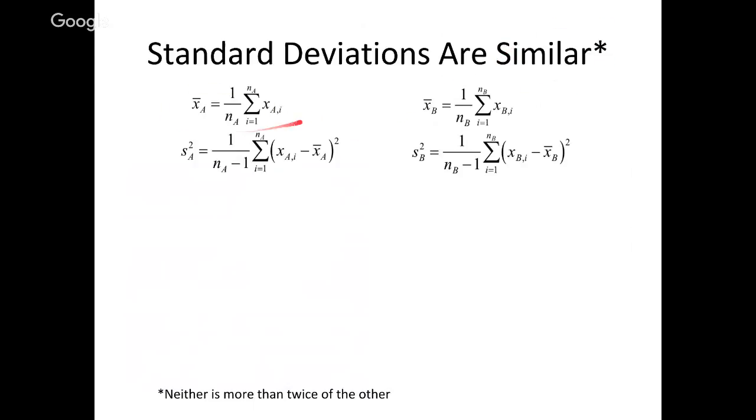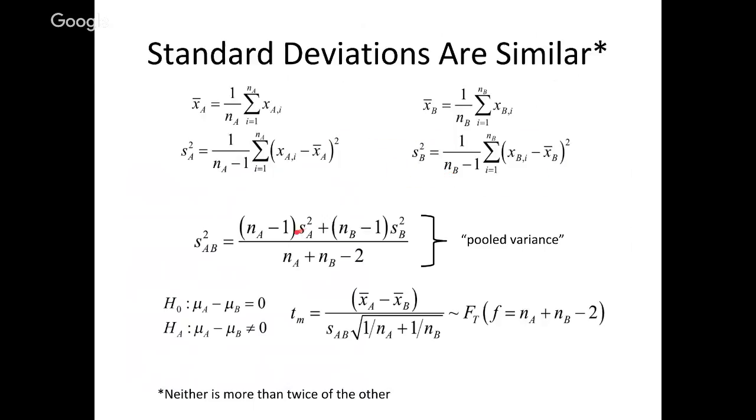In that case, of course, you calculate the sample means in the normal way for population A and B, and you calculate the variance for those two data sets in the normal way. And then you should calculate what's called a pooled variance, which is just a weighting of the variance for A and B by the number of samples that are being collected.